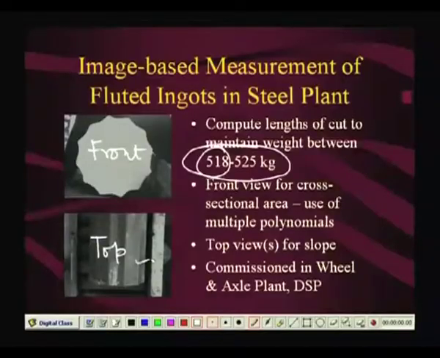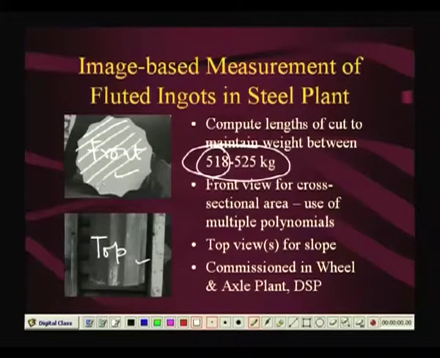So you get an image. You get two images from this. These are the two images. Now, from these images you have to find out firstly what is the area of this particular ingot, and you also need to find out that this ingot actually has a taper.